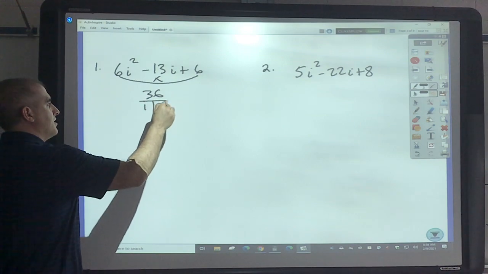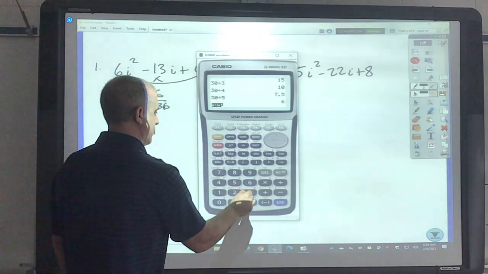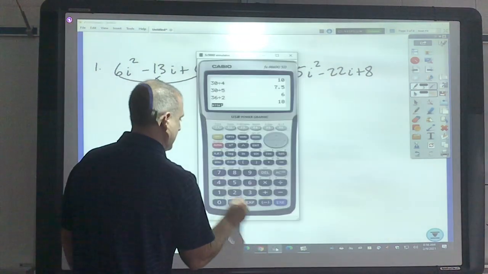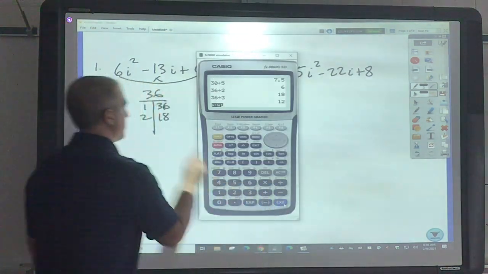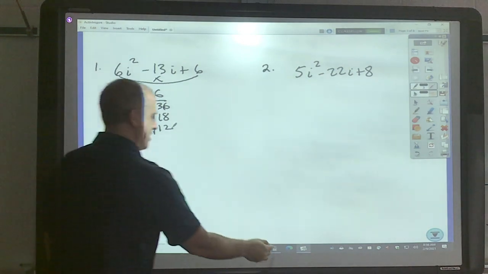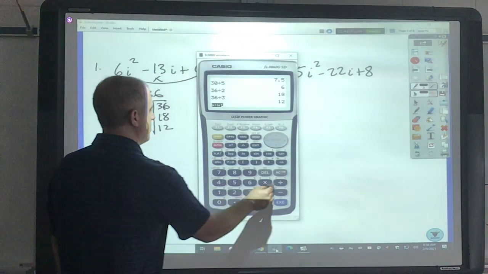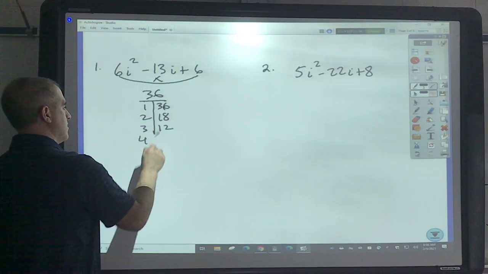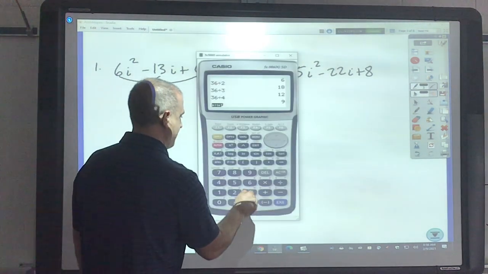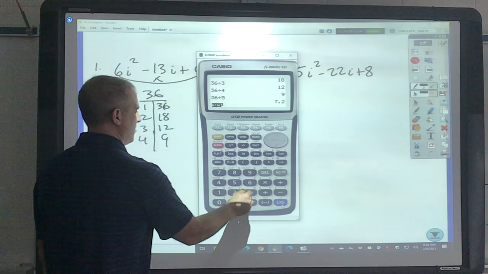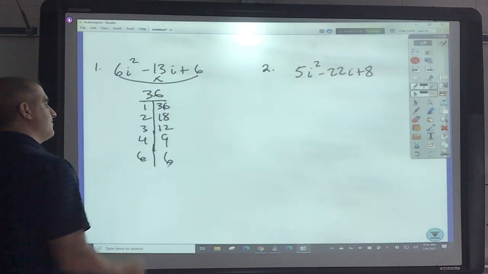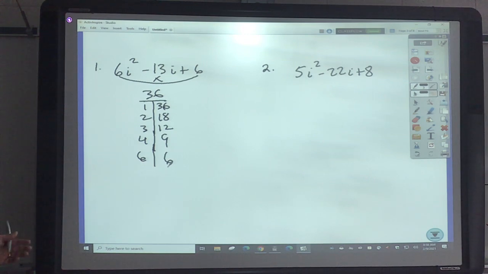We know 1 and 36. 36 divided by 2, 2 and 18. Let's try 3, 3 and 12. Let's try 4, 4 and 9. Let's try 5. Now, let's try 6, 6 and 6. I can't go any further than that.